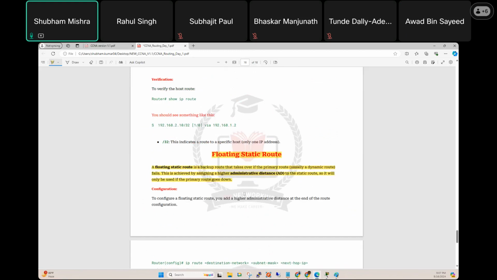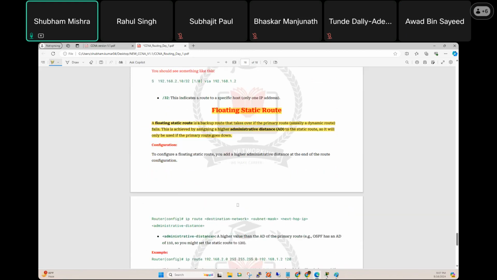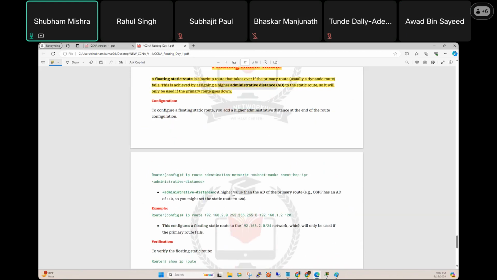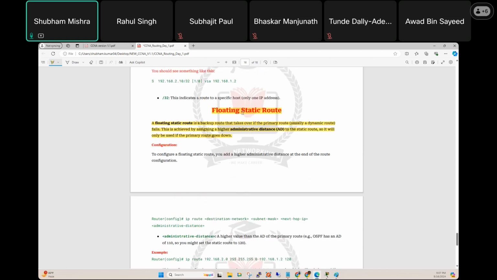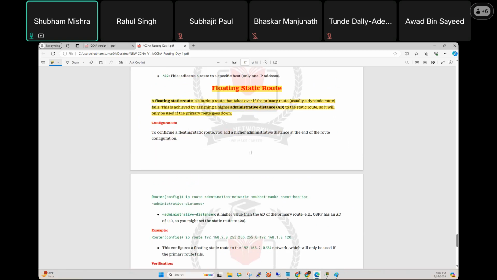Floating routes means as a backup. As a backup, what you will do? You will just provide one additional route. But generally, we are using this floating static route for which one? Dynamic routing protocol, guys.